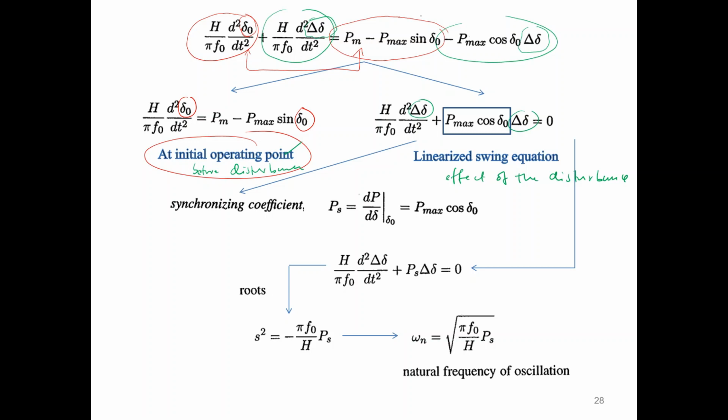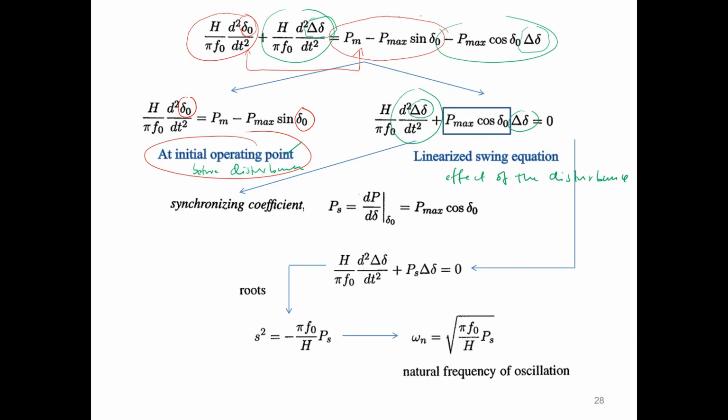Now we can analyze the second equation, the linearized swing equation. You can introduce the synchronizing coefficient, PS in this case. Why the synchronizing coefficient? Because this is a linear second order ODE.